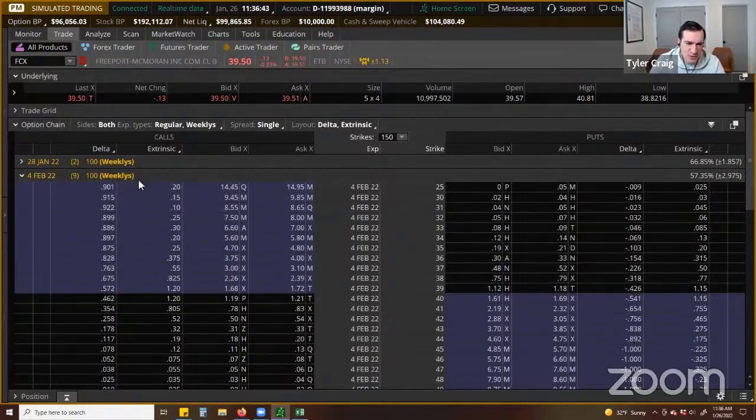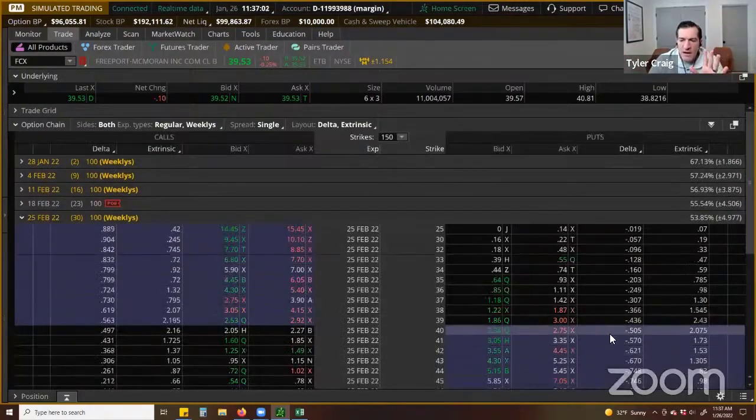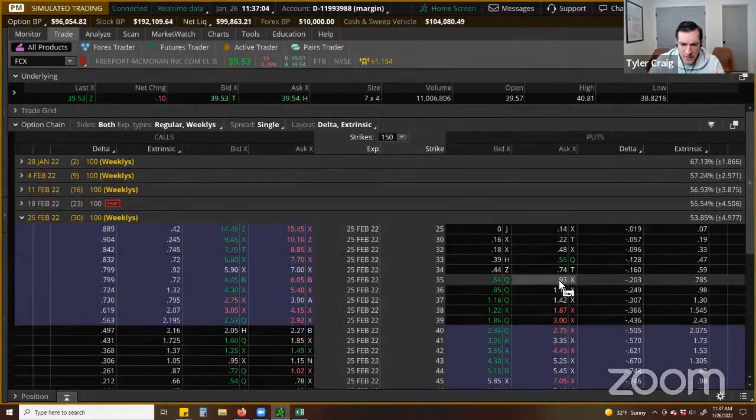Like the 9-day options, which are weeklies for FCX, have pretty good liquidity. And so sometimes you can get away with entering a 30-day weeklies options trade if you're pretty confident you're going to be in it for a few weeks. As it gets closer to expiration, those bid-ask spreads should tighten. So let's assume I'm comfortable with this, just so I can run the numbers. Okay. I do the 30-day option.